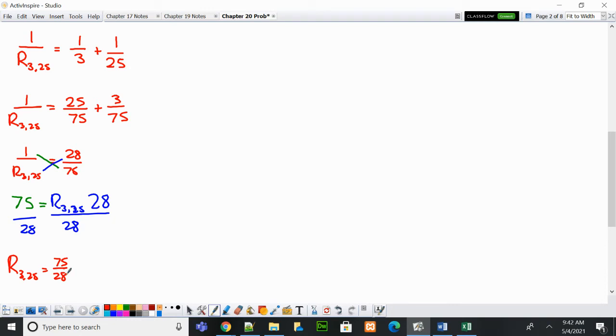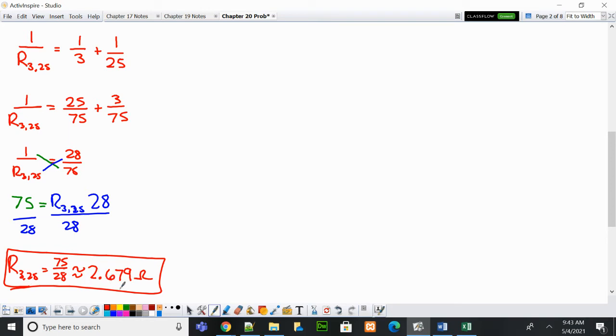As a decimal, if you made them into decimals, you would still get approximately 2.679 ohms. If you make them decimals, keep 4 or 5 places up here, and then at your end, keep 3 decimal places.